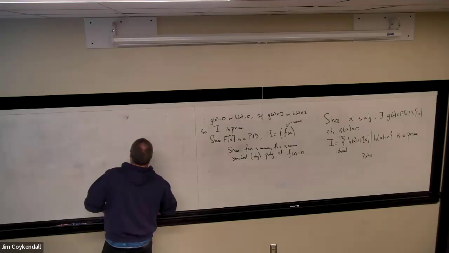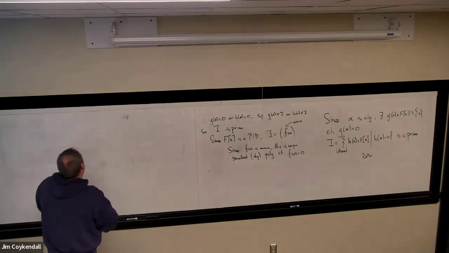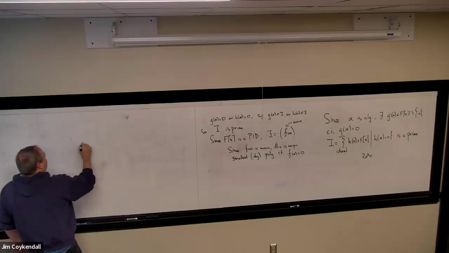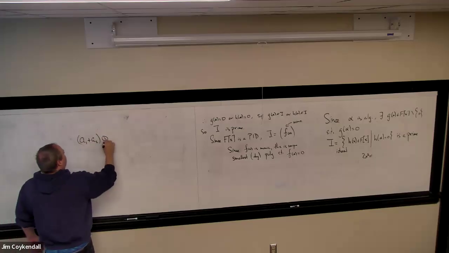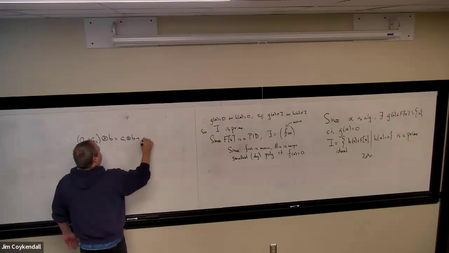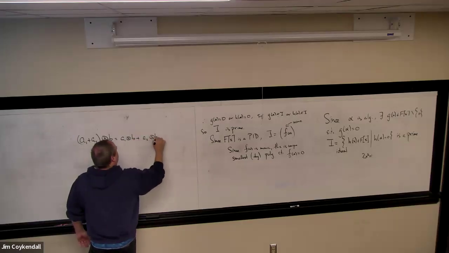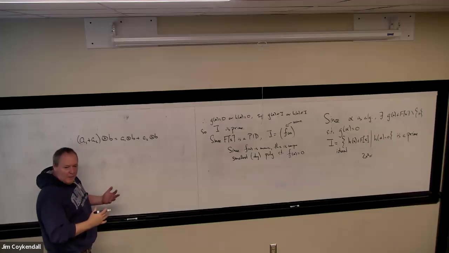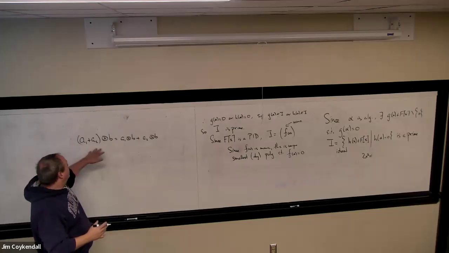Well, so what you do is, let's see, I can do this. Are we already using the tensor notation, or were you talking about when we were modding out? Are you talking about elements?